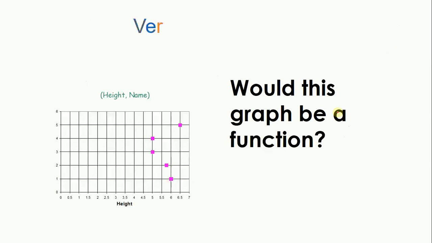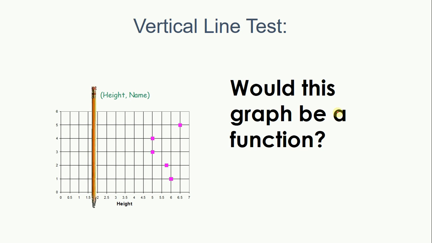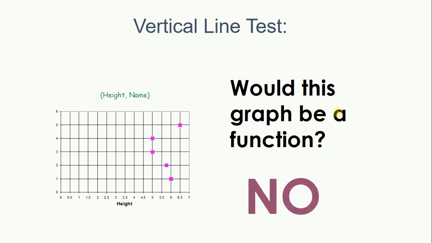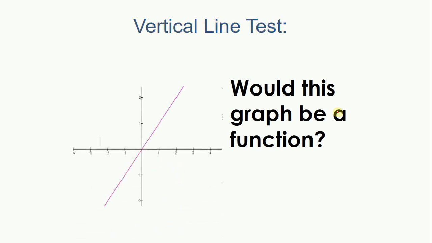Let's test it. Would this particular graph be a function? Here's my pencil. It's going to move. No problems there. But there are some problems there, right? I'm hitting twice. Not a function. Let's try another one. Is this guy going to be a function?